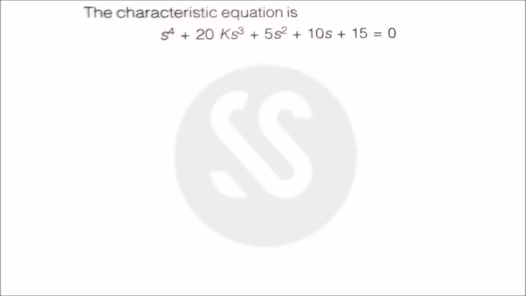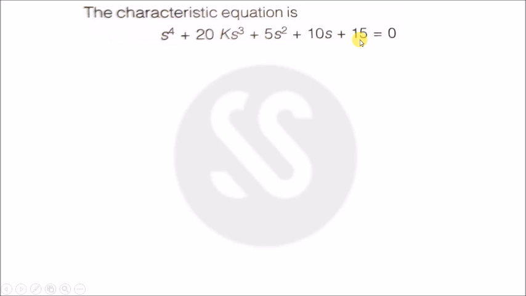The characteristic equation is s to the power 4 plus 20k s cube plus 5s square plus 10s plus 15 equal to 0. The s to the power 4 coefficient is 1, s cube coefficient is 20k, s square coefficient is 5, s coefficient is 10, and s to the power 0 coefficient is 15.